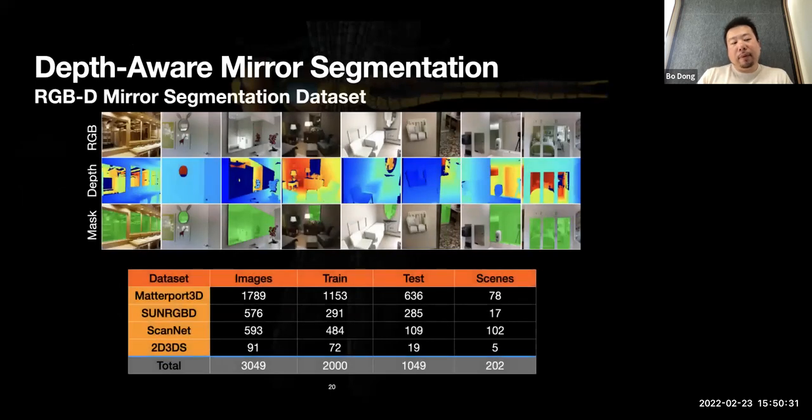One thing we have to deal with is that because PDNet, the proposed segmentation algorithm, is supervised learning, we need a dataset to train. We collected the dataset in a special way. We did not go out and use our own depth sensor to collect it ourselves. Instead, we leveraged existing RGBD datasets, manually selected the images which contain mirrors, and hired a third-party company to do the annotation.